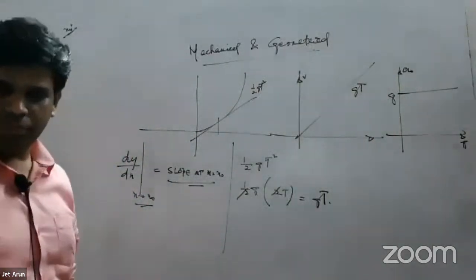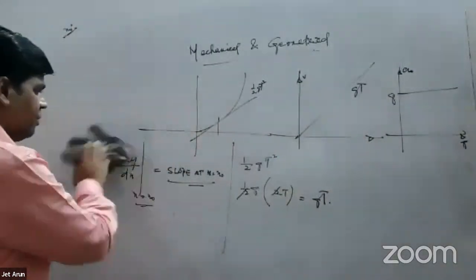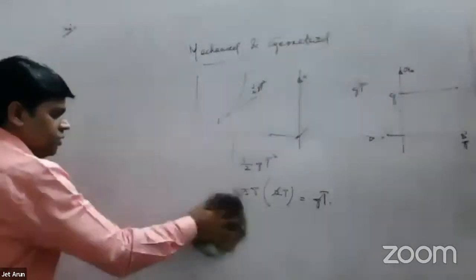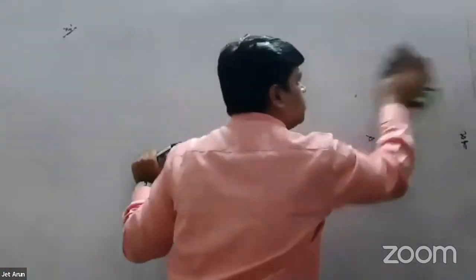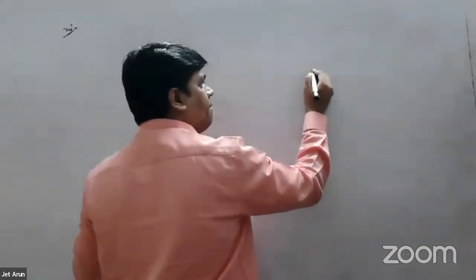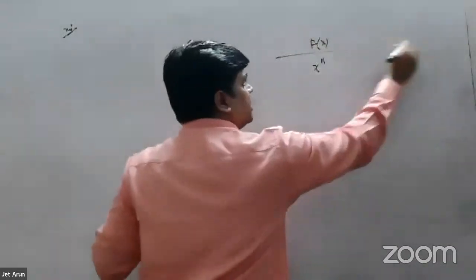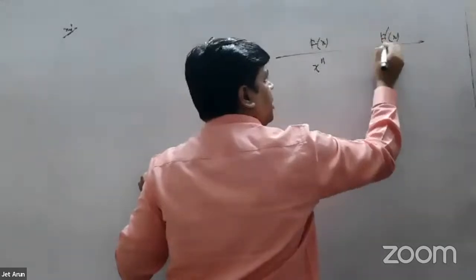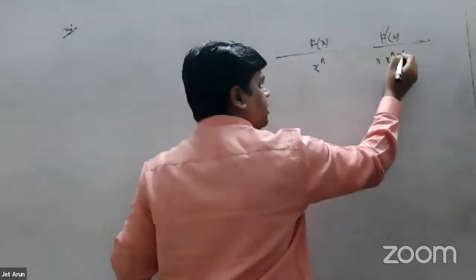Now, let's quickly do some formulae in differentiation. And the formulas are: if f of x is this, f dash x is this. For x power n, I get n x power n minus 1.